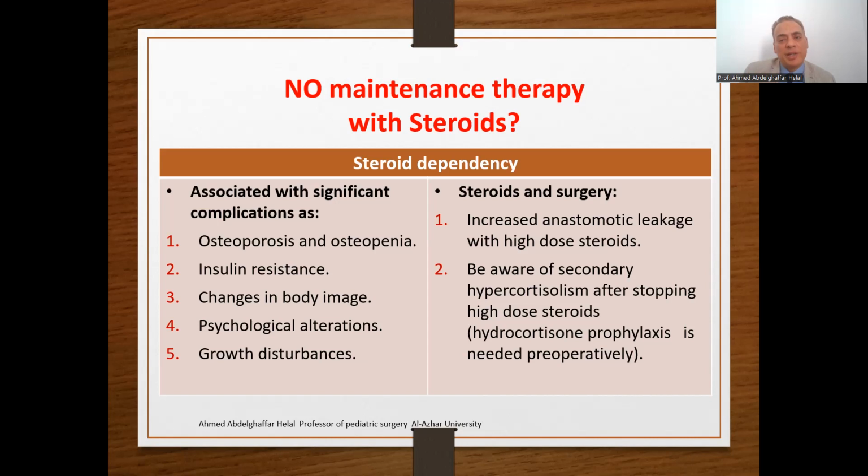There is increased anastomotic leakage with high-dose steroids, and you should also prepare a stress dose of steroids after sudden removal of the treatment. So the pediatric surgeon should understand that steroids are used for acute flare and to induce remission, but not to maintain it.